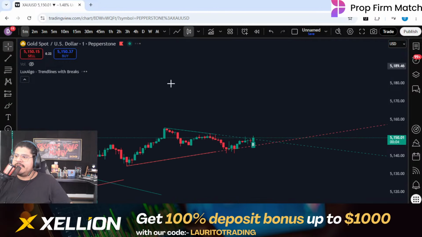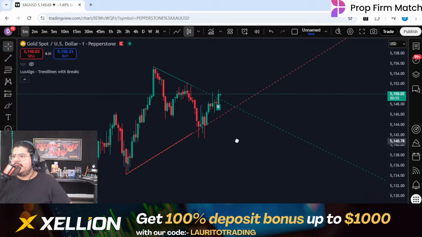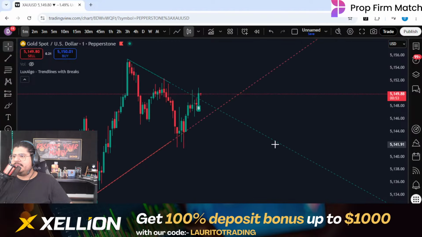It's difficult. For example, here it's trying to give us a long position, but let's see. Here's the signal for the long, so here probably we open the long position.